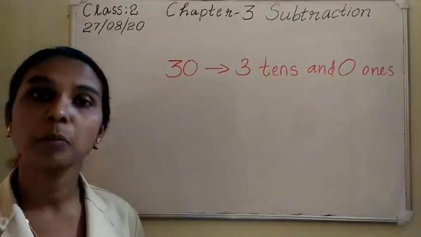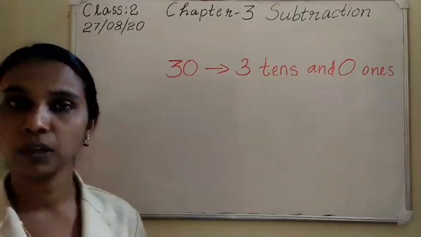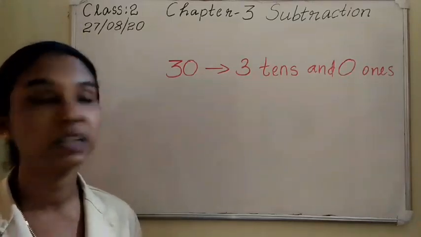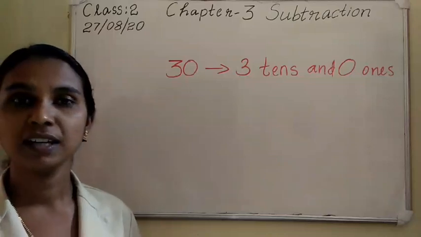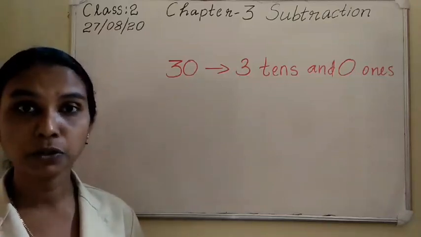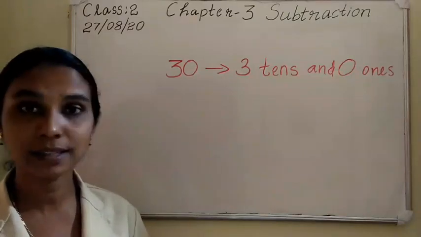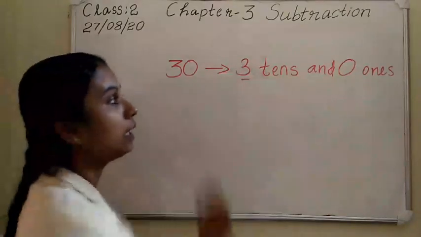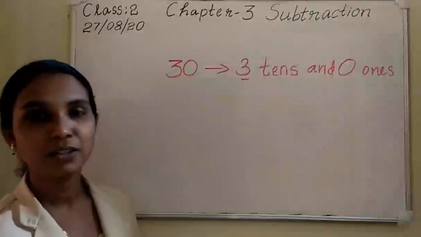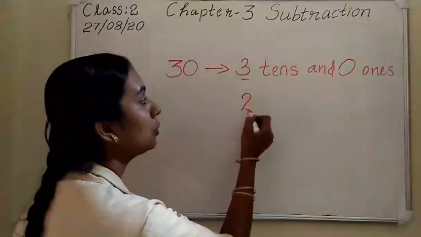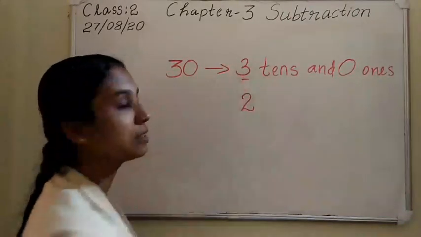How do you regroup this number? In subtraction, sometimes we have to regroup. Regroup means you have to break the number in the tens place. Here there are 3 tens, isn't it? So you can take 1 ten from this 3.